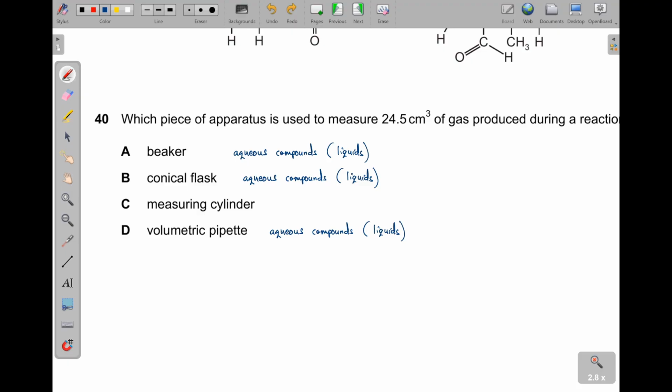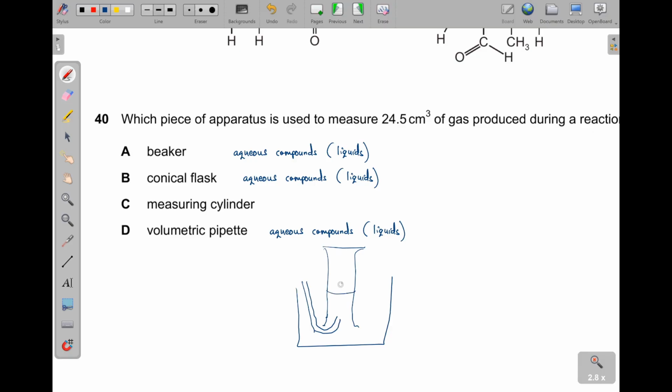So this can be a measuring cylinder. Even this one uses aqueous compounds, but we can invert it in the reaction. You have something like this. So this is your measuring cylinder here, and then you have a delivery tube in here that enters here.